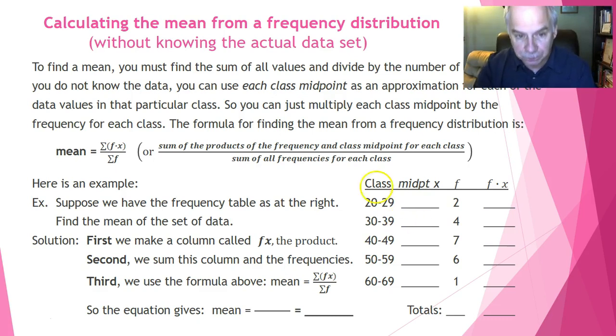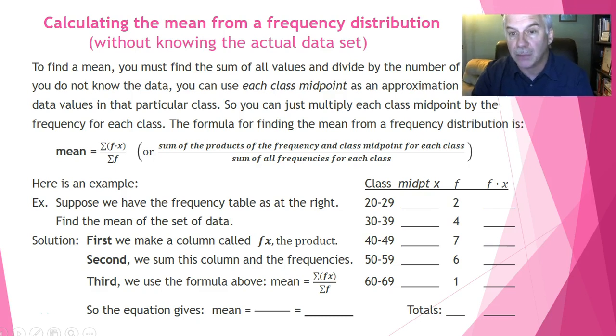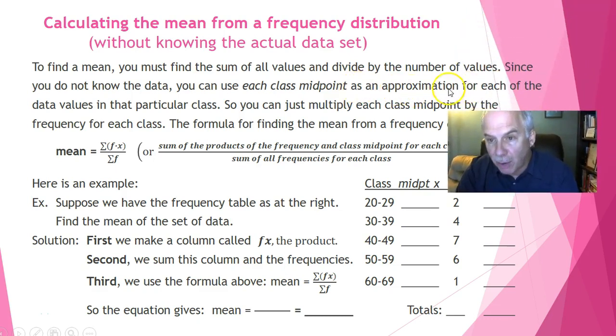Well, this is how. To find the mean, you must first find the sum of all the values and divide by the number of values. Since you do not know the values, you can use each class midpoint as an approximation for each of the data values in that particular class. So you can just multiply each class midpoint by the frequency.